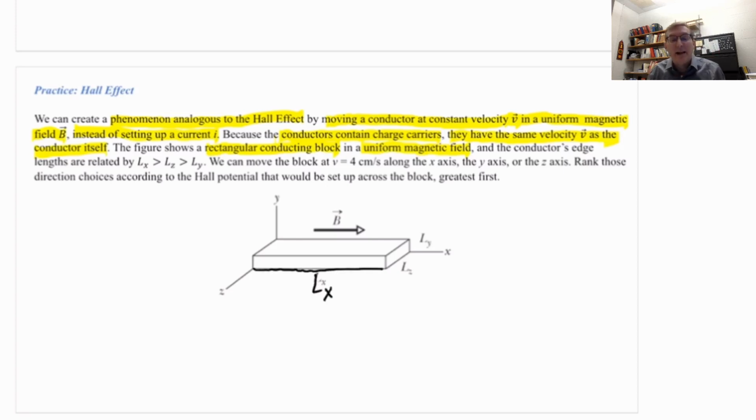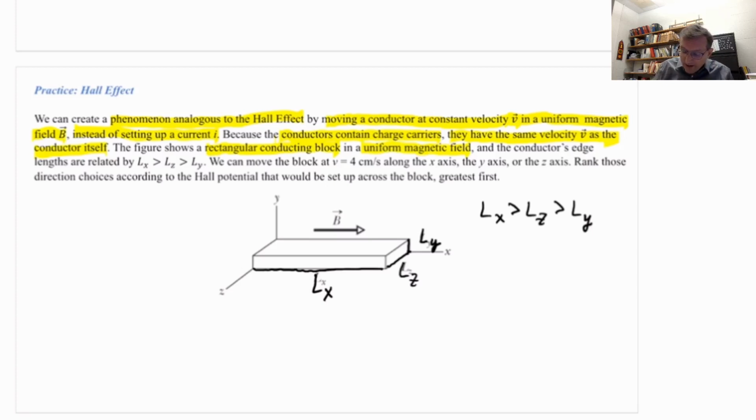They label that Lx. There's a length parallel to the z-axis. They label that Lz. And then there's a length parallel to the y-axis. They label that Ly. And it's pretty clear that Lx is larger than Lz is larger than Ly, just based on the shape of this rectangle. Okay, this rectangular three-dimensional object.